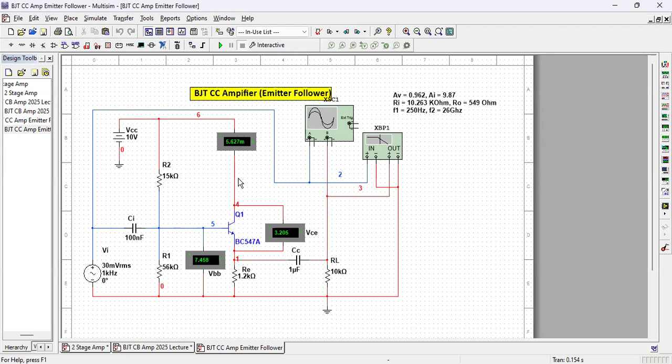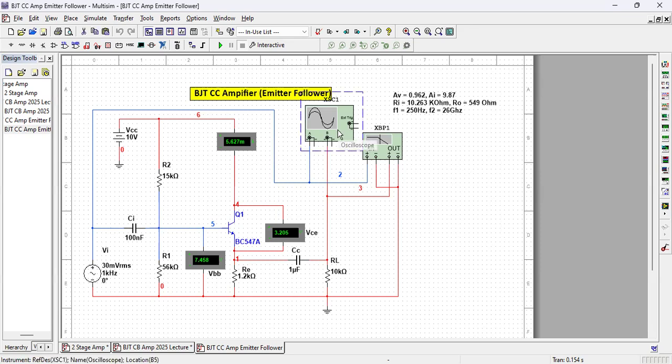There is no collector resistance. There is an input source and an input coupling capacitor. And you remember what we discussed about the emitter follower, that its voltage gain is almost equal to 1. It does not provide much of a voltage gain, right?